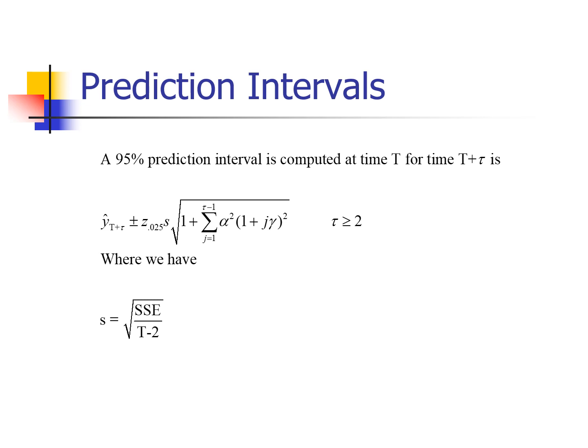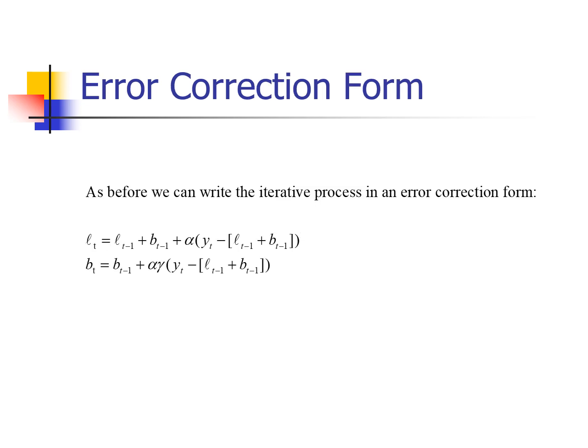So there are more parts to that sum the larger tau is. The further out I'm predicting, the larger the margin of error for my prediction interval. I think there is some intuition there, and I'll let you look at it.